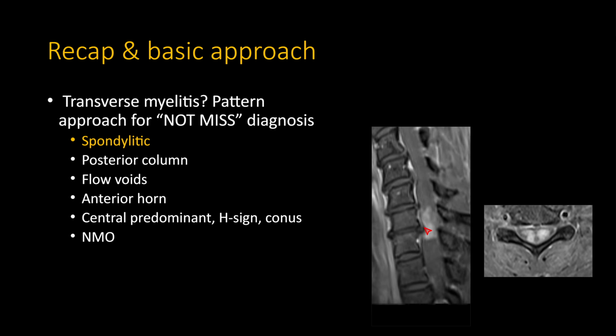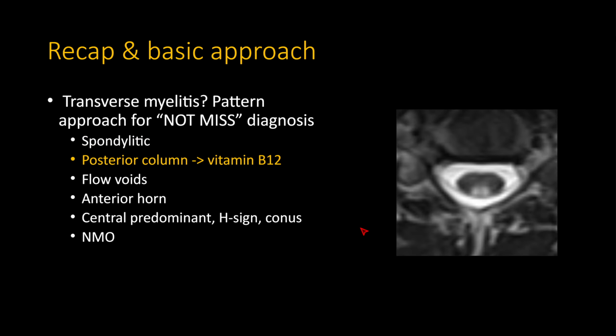So basically, anytime you see cord compression and any lesion next to the cord compression, some spondylitic etiology is to be included in your differential. Then, if there's prominent posterior column involvement, you would think subacute combined degeneration, which has a differential, but the most common of those is vitamin B12 deficiency. Very important to mention this because it is so easily reversible with vitamin B12 supplementation. So, definitely a not-to-miss diagnosis.